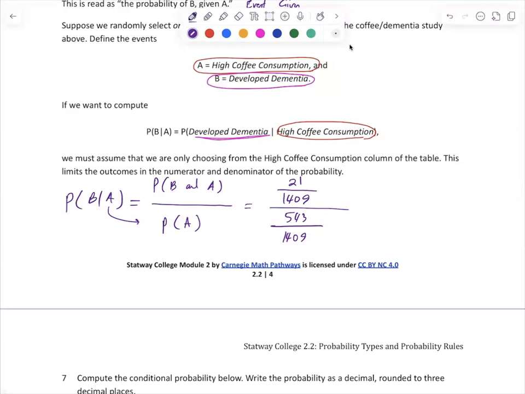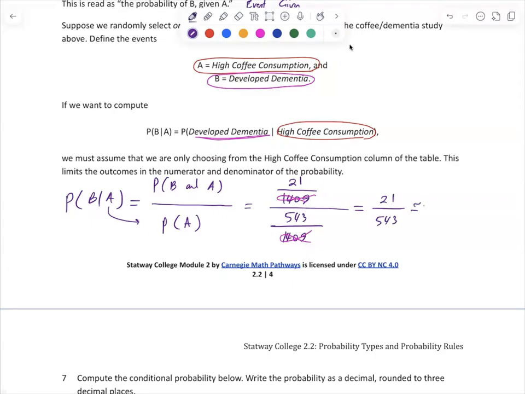Remember that when it comes to algebra, you can cancel out the common denominator, which is 1,409. So in the majority of cases, you might only see 21 out of 543. They don't include the denominators because you can easily get rid of them. But it's 21 divided by 543.